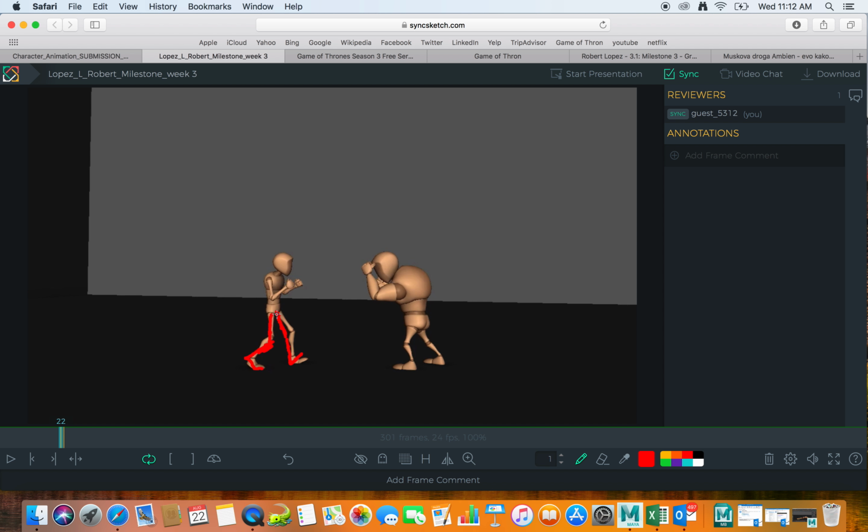So in this case, when the character goes forward from contact to down pose, it has to happen faster. It can happen with only one in between, or maybe even none in this situation of fights.